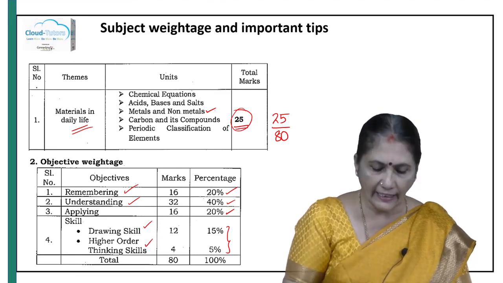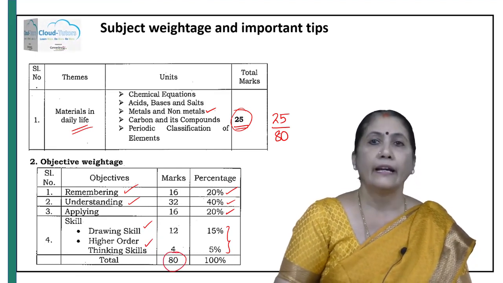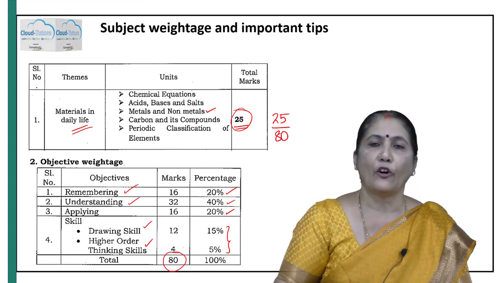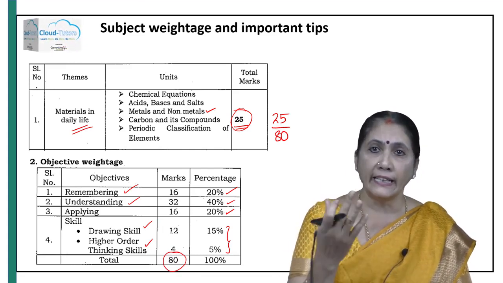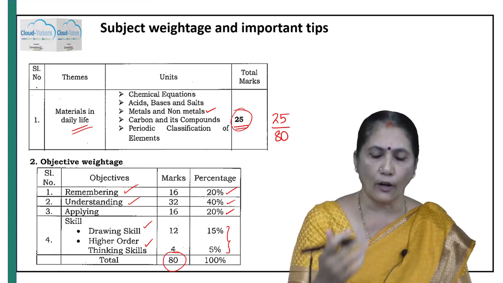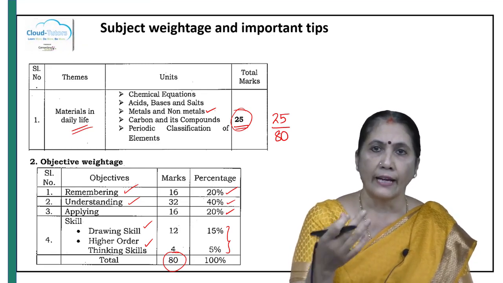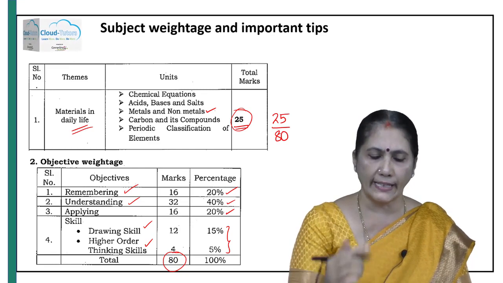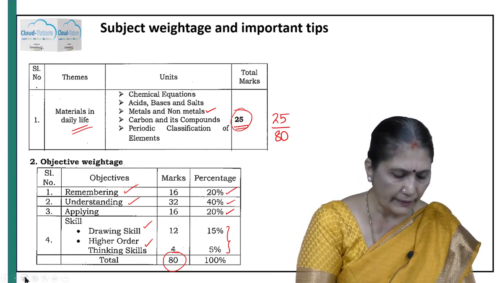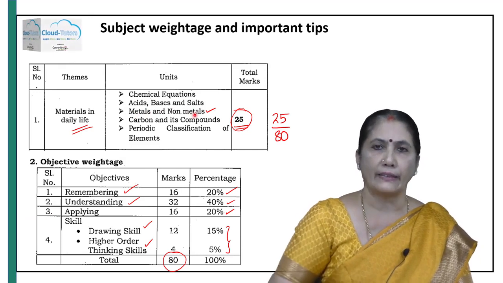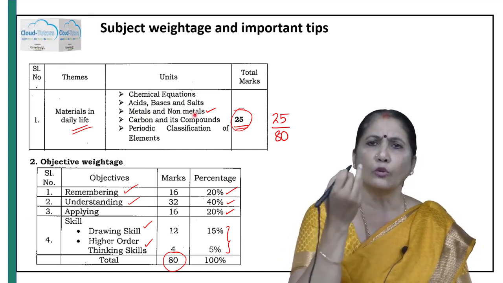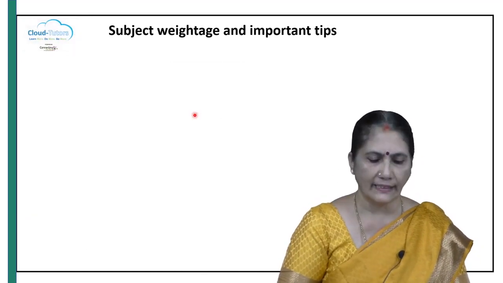So put together, the entire science paper is going to be attempted for 80 marks, out of which you are going to learn the different aspects of chemistry. And to be very specific, in today's session, we will be covering this chapter, which is dealing with metals and non-metals. So, how could these questions be asked?